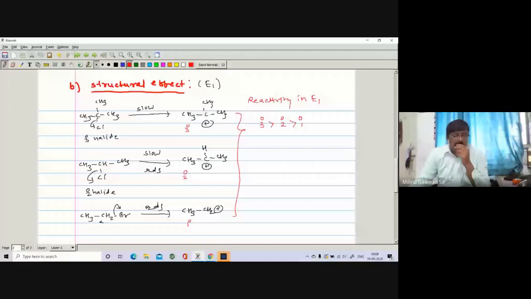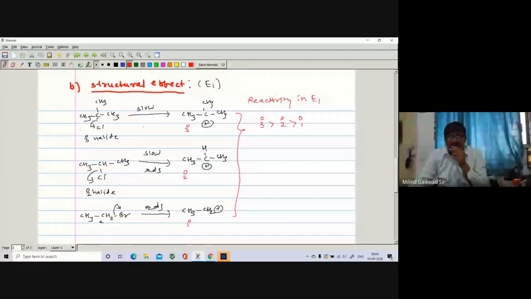So the structural effect shows that the tertiary alkyl halide can easily undergo E1 or SN1 mechanism, because in both SN1 and E1 there is formation of a carbocation. The more stable the carbocation, the more is the rate of reaction. As we move from primary to secondary, and secondary to tertiary alkyl halide, the first step is the formation of carbocation.